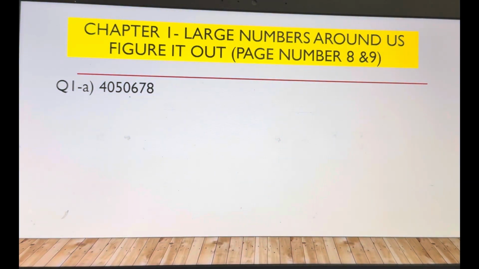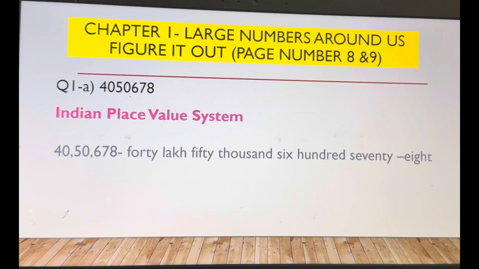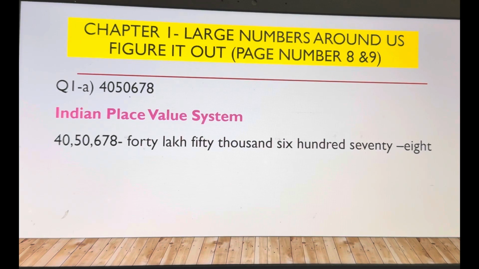First we'll try to solve the first question. Here they have given the number 4050678. First we will write it according to the Indian system. We need to put commas according to the pattern 3, 2, 2. So this number will be 40,50,678, right?